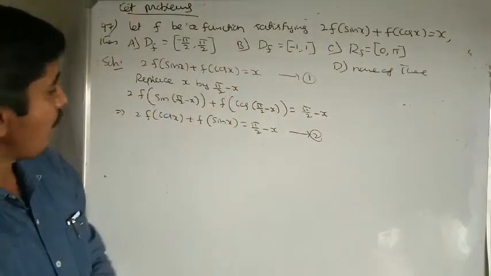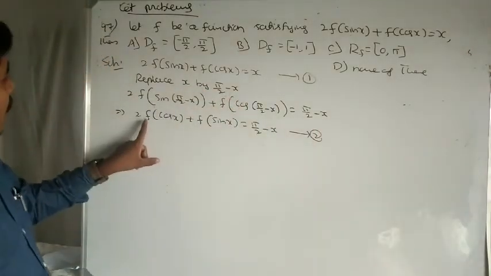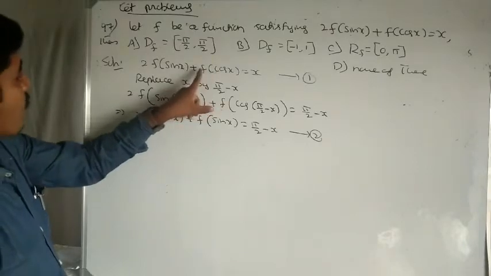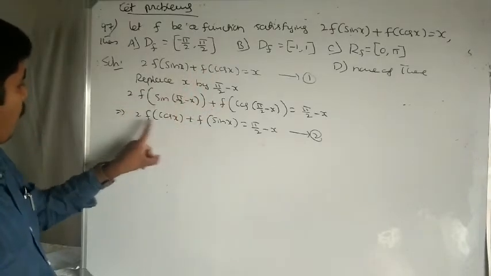I am solving equations 1 and 2 here. From one, the coefficient of f of cos x is 2, and in the other it is 1.